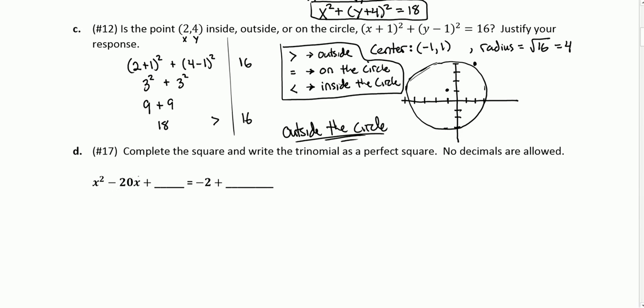So in order to come up with the number that we need to complete the square, we're going to take negative 20, which is the number in front of x, divide it by 2, or cut it in half, and then square it. When we divide it by 2, we get negative 10, and negative 10 squared is 100. So that's the number we need to add to both sides of the equation.